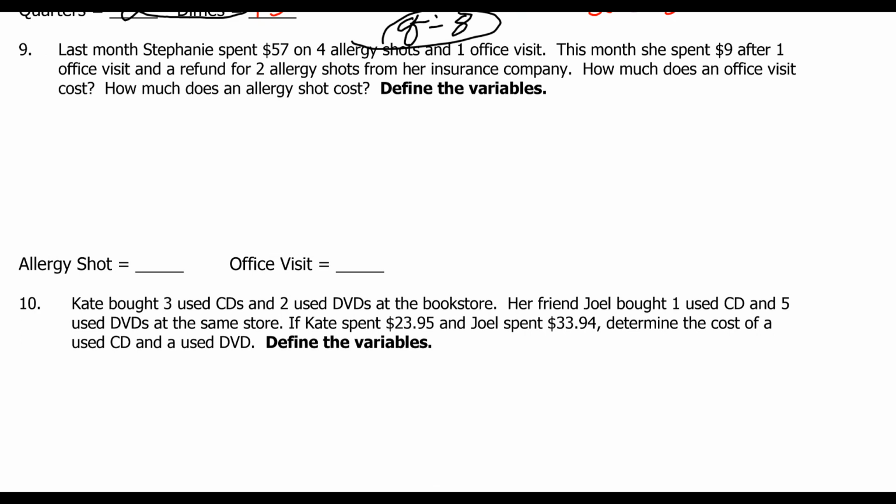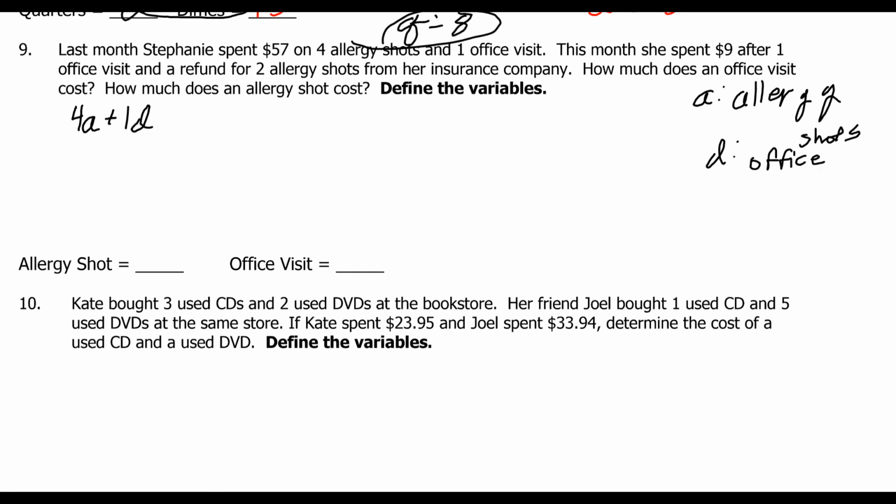So we have 57 equaling 4A plus 1D, where A stands for allergy shots and D stands for office visits.